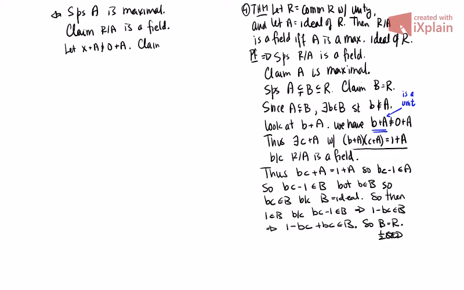We're claiming in the quotient ring that x plus A has an inverse, meaning x plus A times some element is 1 plus A, because it's a multiplicative inverse in the quotient ring.